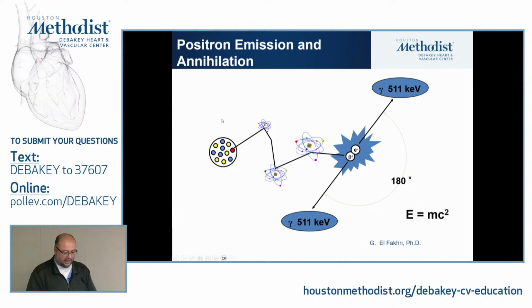But before it annihilates, depending on the energy of the positron that it emits, that positron is going to travel a distance from here to here. This distance is called positron range, and it is kind of the blurriness of the image. So which one has the highest positron range? The highest energy one, which is rubidium.